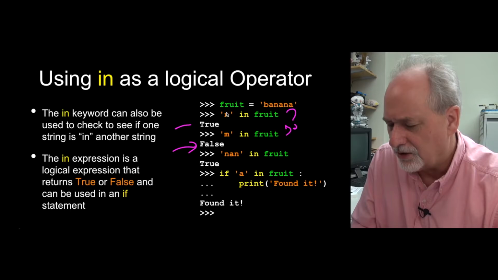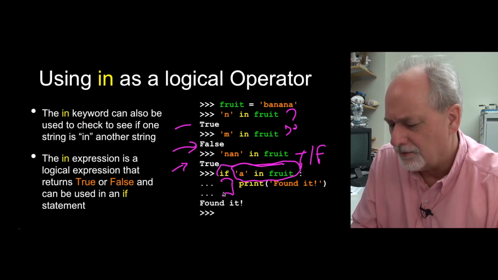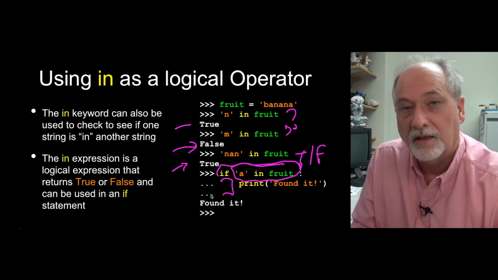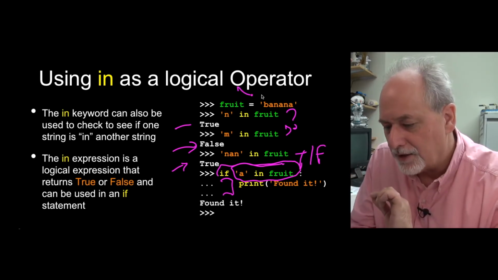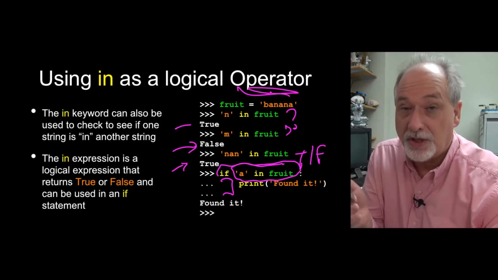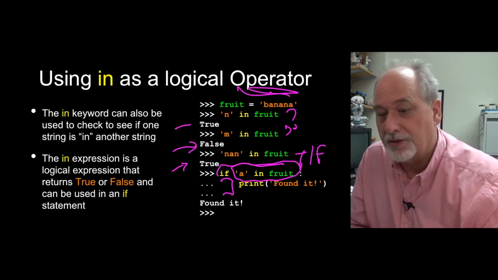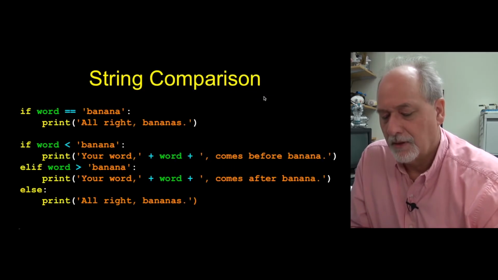It doesn't have to be a single character, it can be more than one character, and the answer is true. And then you say something like, if a in fruit. This is the logical value that returns a true or a false, and yes, we found it. So that becomes true in this particular case, so it runs the little indented bit. So in is an operator in this particular situation. In a for loop, in means something different. And we'll use in for other things as logical operators coming up in a bit.